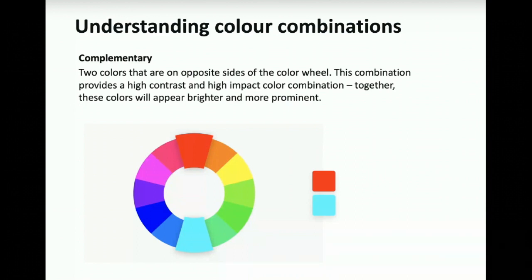So the first one is, if you identify the primary color you'll be using, find it on the color wheel and look at the color that is directly opposite it. That will naturally be the most complementary color you could use for that particular project.